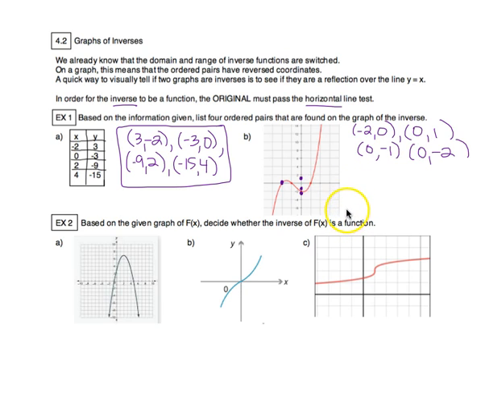And when we're talking about being reflections over the line y equals x, now here it's a little bit tricky because it doesn't have the same scale on both axes, but that means y equals x has a y-intercept of 0 and a slope of 1. So if I use a different color here to start with a y-intercept of 0 and do a slope of 1, that means I'd be going up 2, right 2, up 2, right 2, down 2, left 2, down 2, left 2.